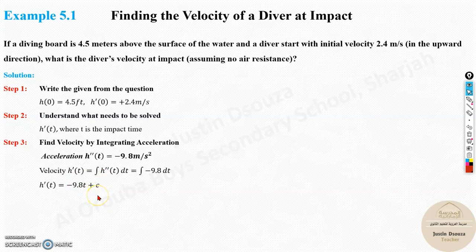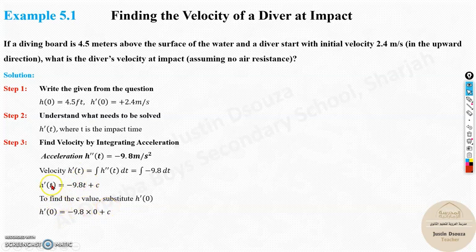What is that constant? How do we find it? Very simple. You know the initial velocity h dash of 0 is 2.4. So substitute over here and solve. Substitute the value of h dash of 0. Minus 9.8 t is 0, right, plus c.